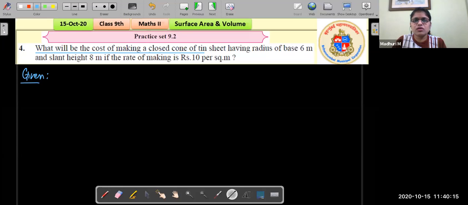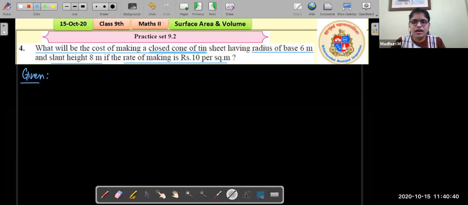So we are making a closed cone of tin, and the radius is given to be 6 meters, and the slant height is given to be 8 meters. And the rate is also given, rate equals rupees 10 per meter squared, and we are asked to find the cost.